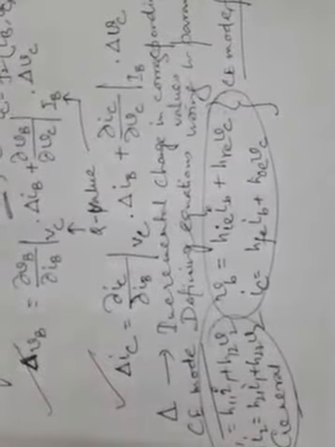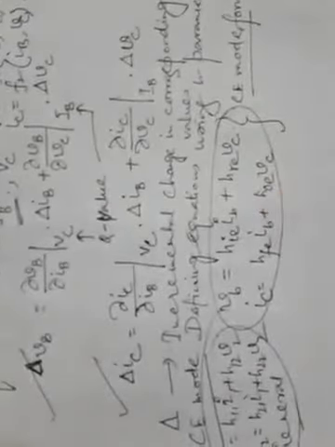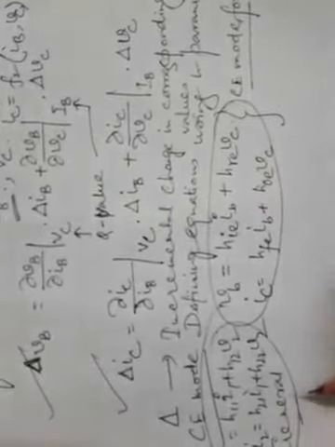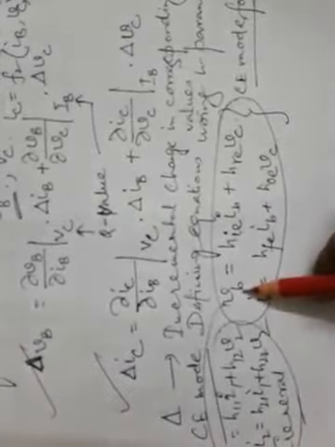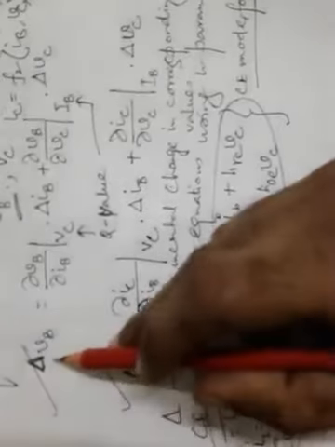So from there we can determine the values of H parameters. If we now compare these two equations, we may write that this VB is the instantaneous value, that means the change, and IC is the instantaneous value, that is the change in IC.